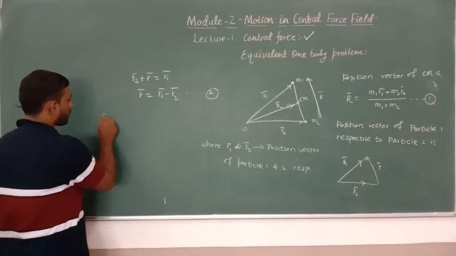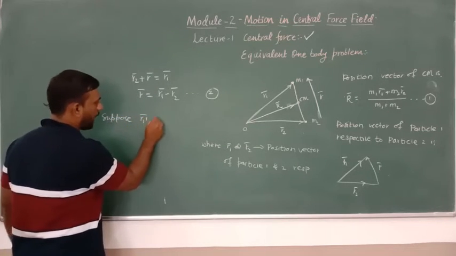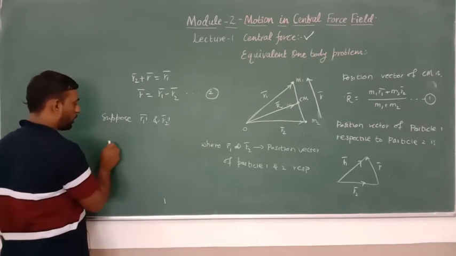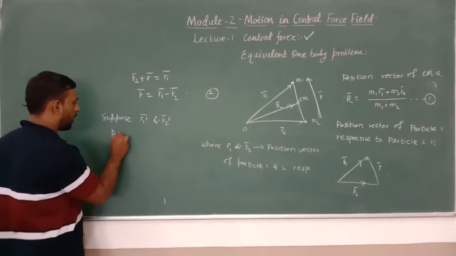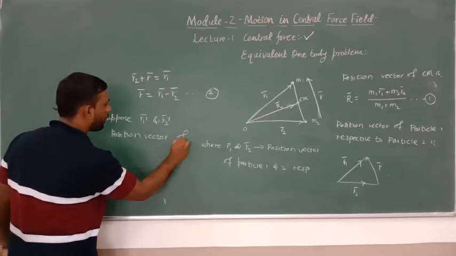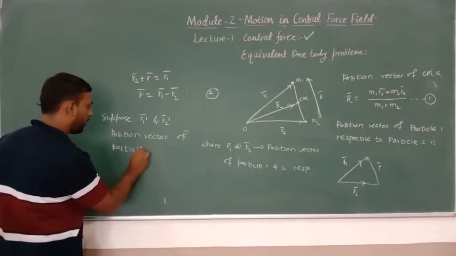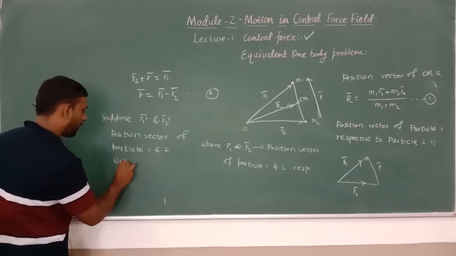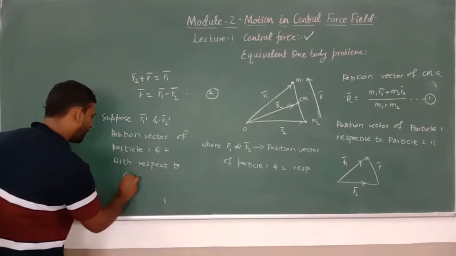Suppose r1 prime bar and r2 prime bar are the position vectors of particle 1 and 2 with respect to center of mass.